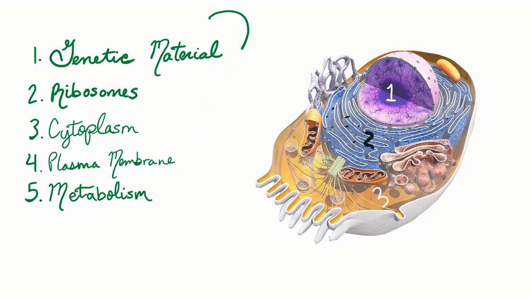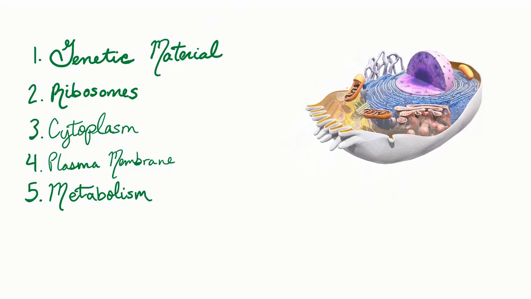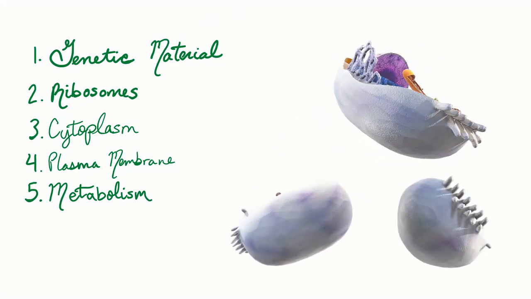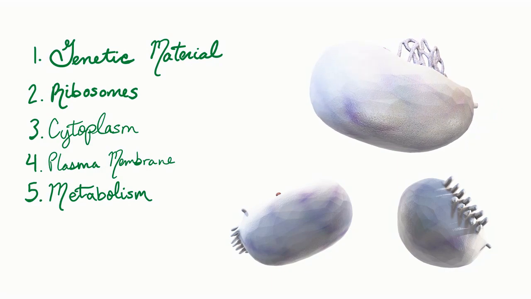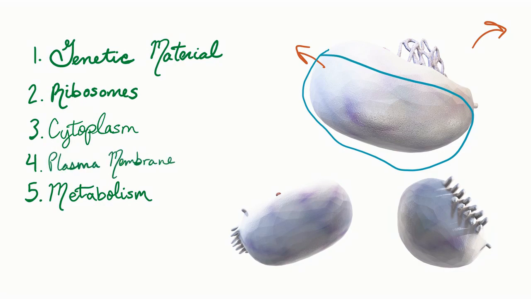In our next unit, we will zoom out slightly and look at how the single cell interacts with its environment. This is us focusing on the plasma membranes because plasma membranes are what separate the cell from its environment as well as from other cells.